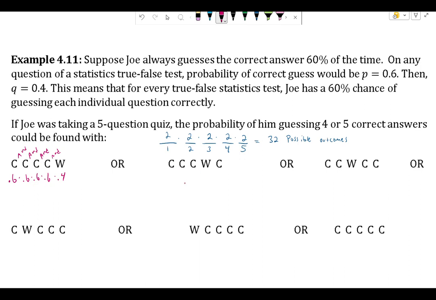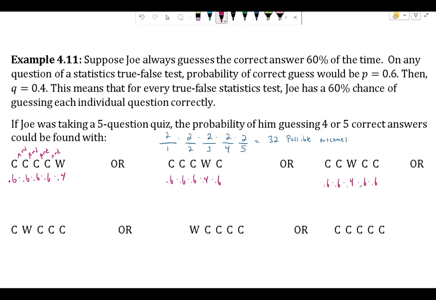If we look at the next set of outcomes, we'll have this similar calculation. The only difference is that the 0.4 is going to move earlier in the order. But either way, we'll have 0.6 times 0.6 times 0.6 times 0.6 times 0.4. If we look at the third possible, we have 0.6 times 0.6 times 0.4 times 0.6 times 0.6.